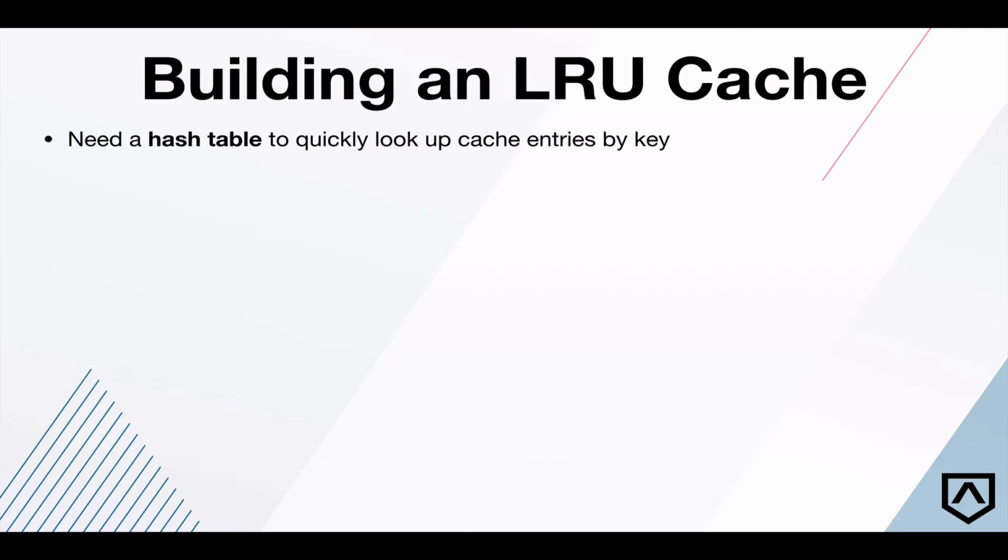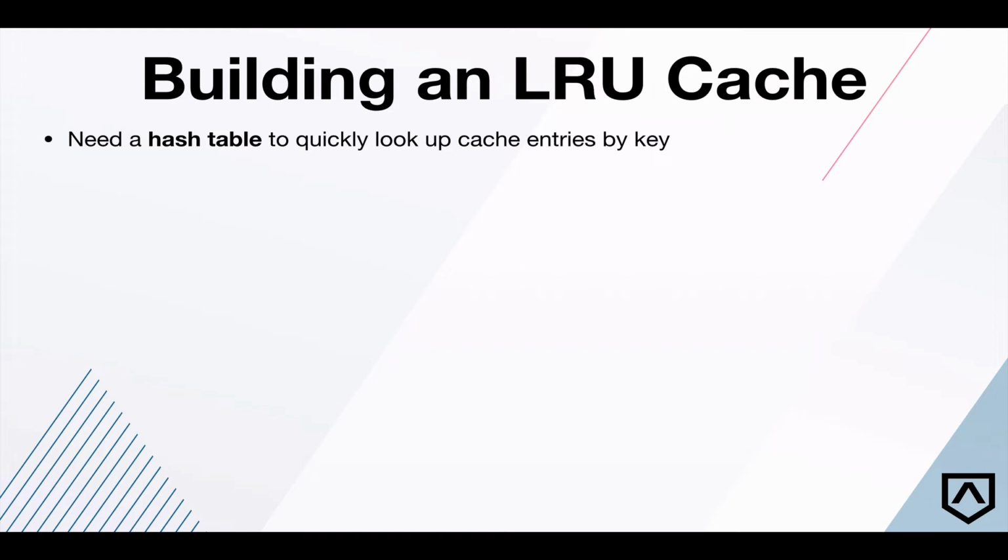That's very similar to a data structure called a hash table, where you can take a key and pass that into the hash table, and the hash table will very quickly return a result for that key. Hash tables do key lookups in order one time. They're very fast. So this is a great thing to use for a cache. We can look up the data we need in a big hurry for any particular key.